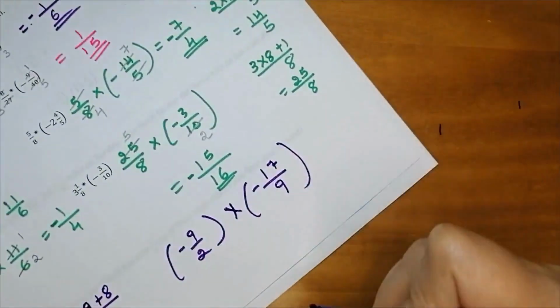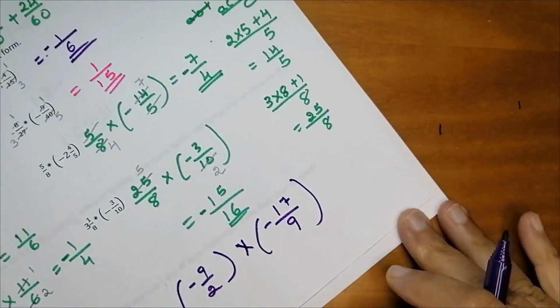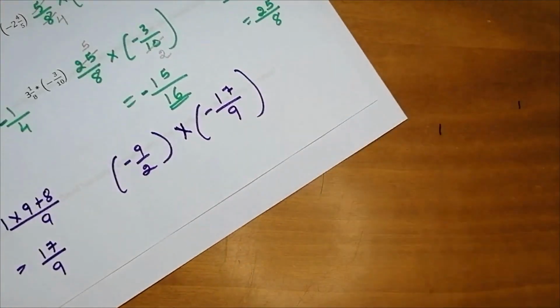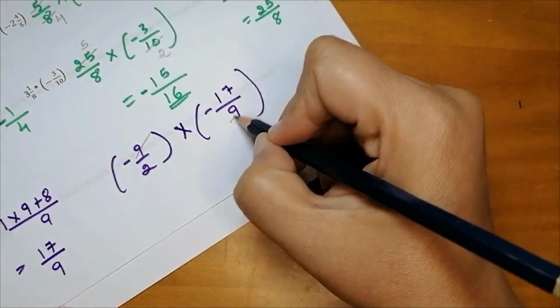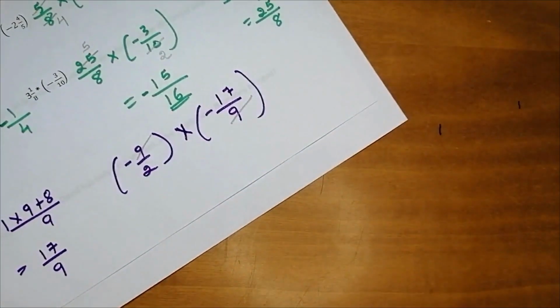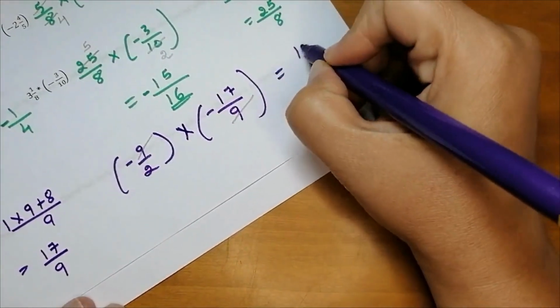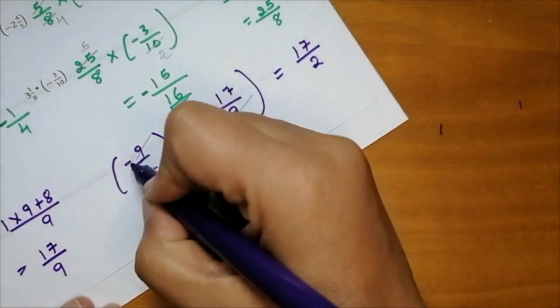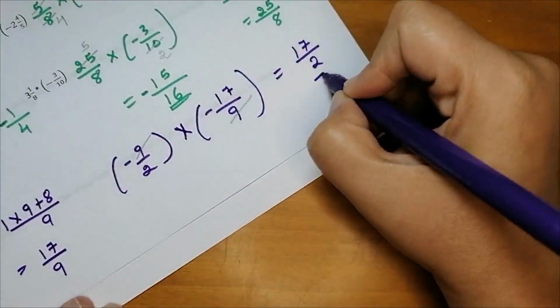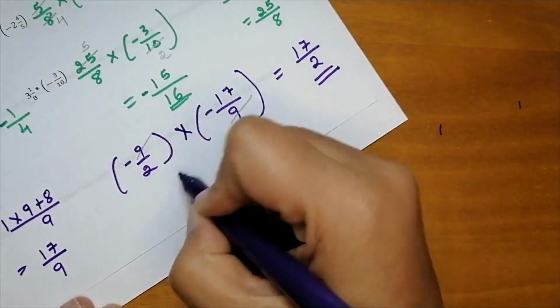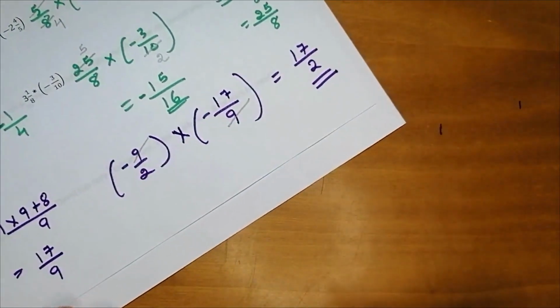Okay, so let's start cancelling the common terms here. Do we have common terms? Yes, the 9 and the 9 gets cancelled. So that leaves us with 17 over 2. And this is minus, so the answer will be positive, right? Minus times minus gives us positive.